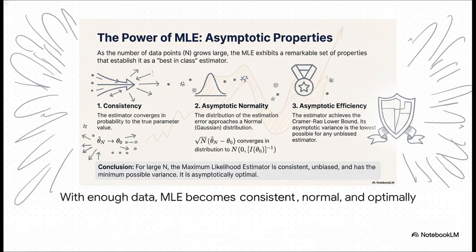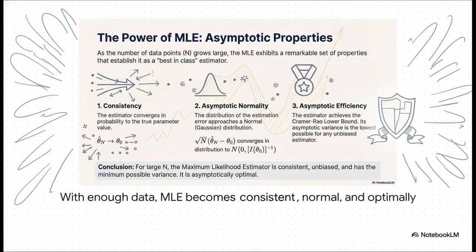So, how does our friend, the maximum likelihood estimator, stack up against this ultimate gold standard? Well, as we collect more and more and more data, as our sample size grows, the MLE basically wins 3 Olympic gold medals. First, it's consistent. That means it's guaranteed to eventually zero in on the one true value of the parameter. It finds the right answer.